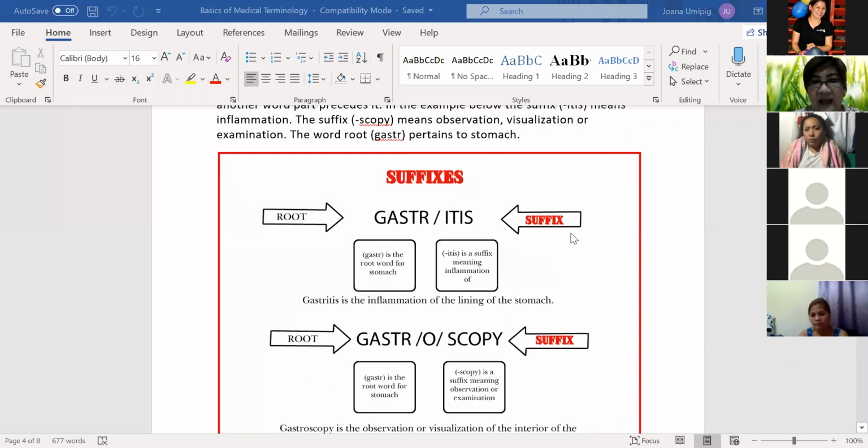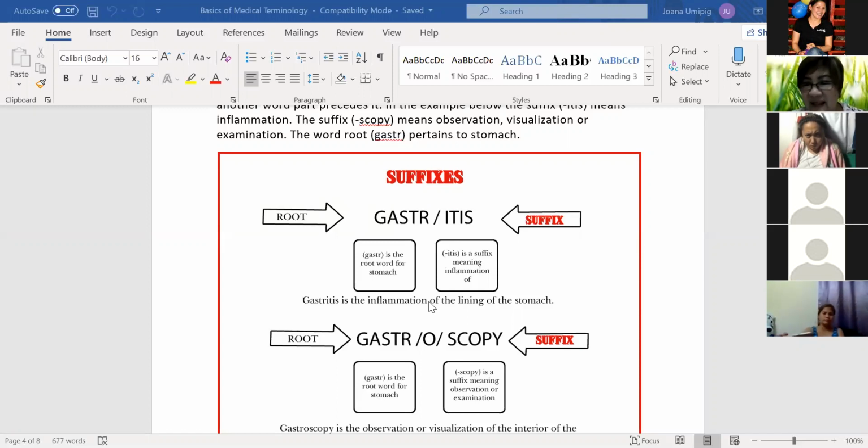Okay, so go for this. Example is the root is gastro. Okay, gastro, gastric. Yun yung pinaka-root word natin. So nagdagdag tayo ng itis, yung suffix natin is itis. There is an inflammation within the stomach. So it is called, the medical term is gastritis. Itis is inflammation. Okay? There is infection or there is inflammation. Itis.